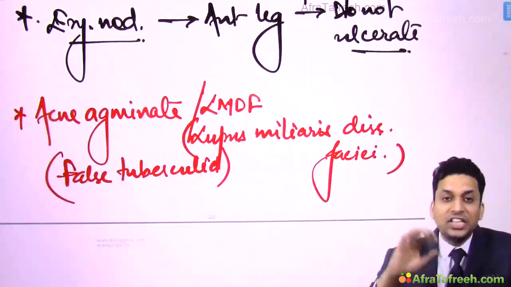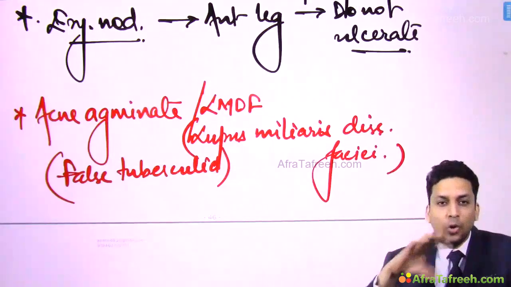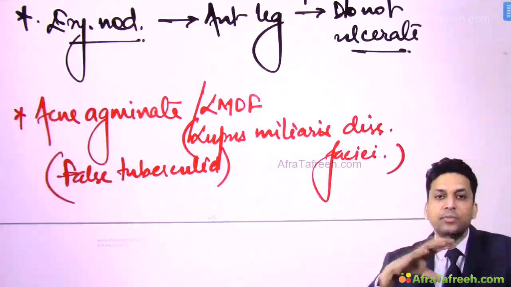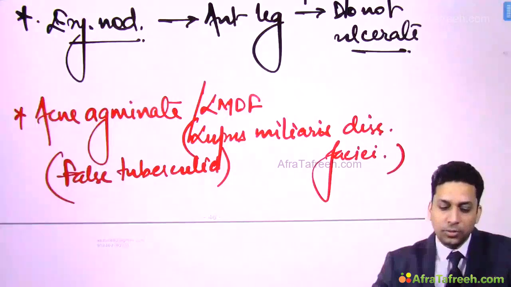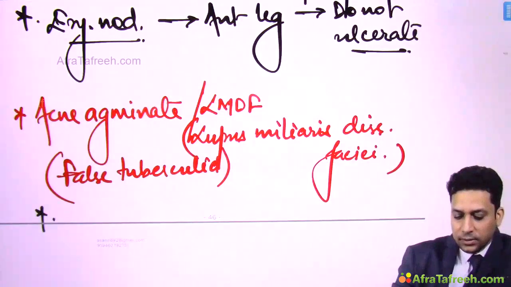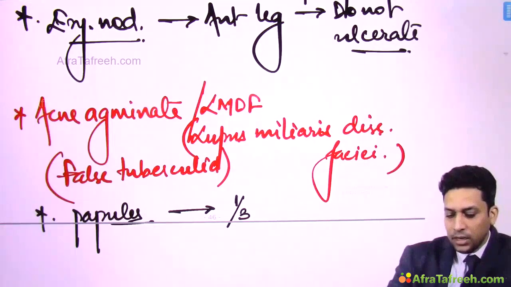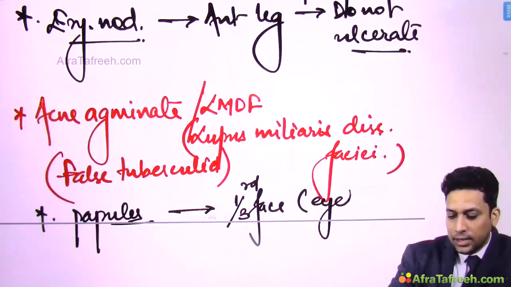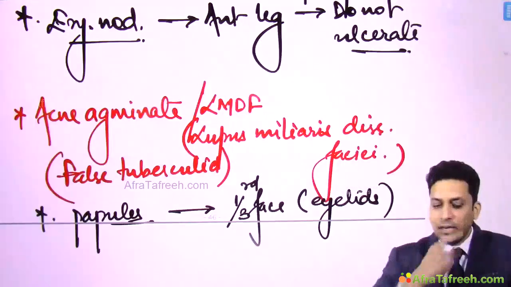Because initially it was grouped under tuberculids, but now there is no proven role. In various studies it has been found that there is no proven role of mycobacterial hypersensitivity. This is a very rare condition, and it presents with multiple papules over the middle one third of the face, especially around the eyelids.